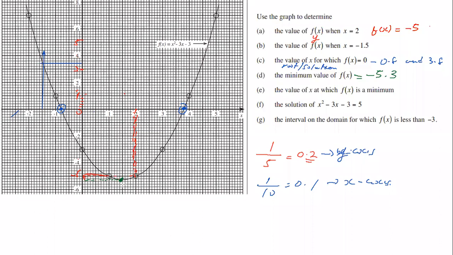So you go here now, and this is it. We say this is the axis of symmetry. So that should have been 1.5, right?